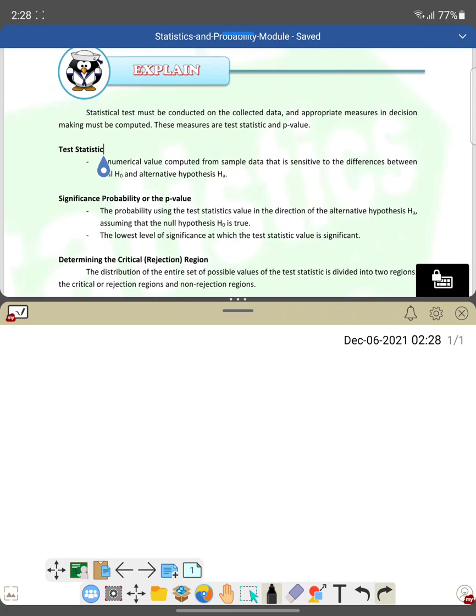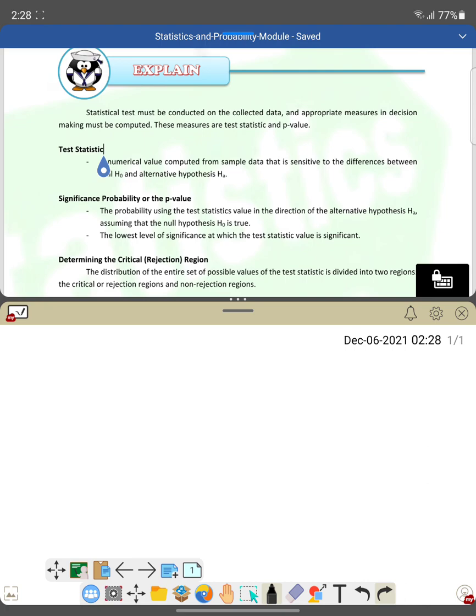Why is it sensitive? It is because the numerical value, or the test statistic, is the kind of value that could vary.